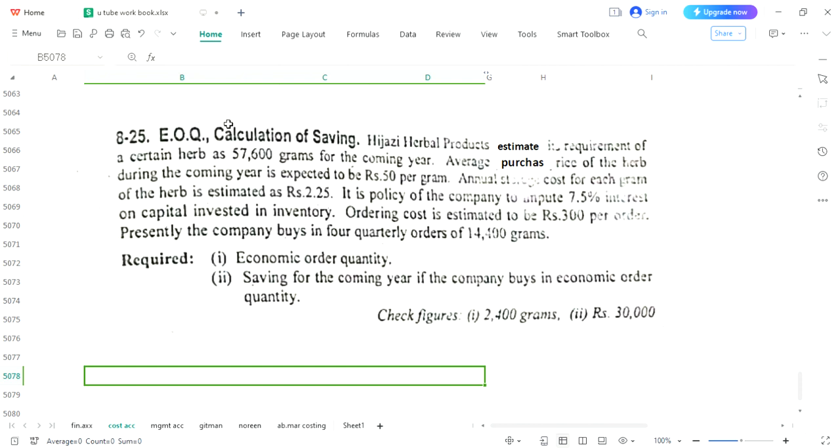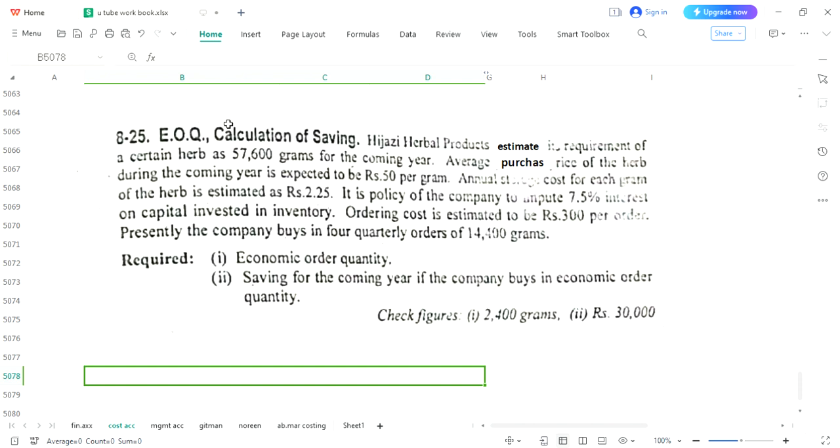The difference would be considered as saving. This is just the theoretical way to understand, but we will follow through formulas and presentations with which we will prove that manufacturing concerns who follow economic order quantity get more financial benefit.